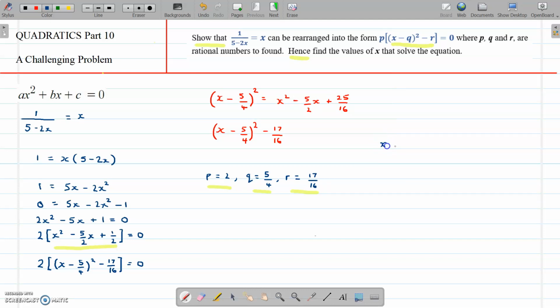I can say that x minus 5 over 4 squared minus 17 over 16 equals 0.